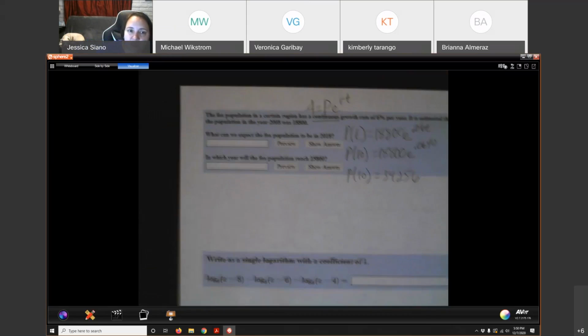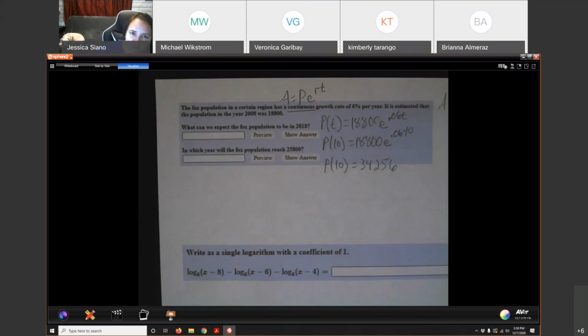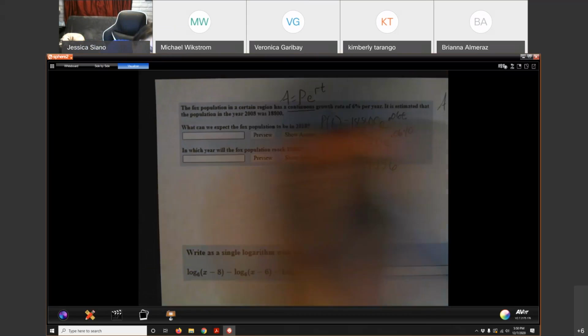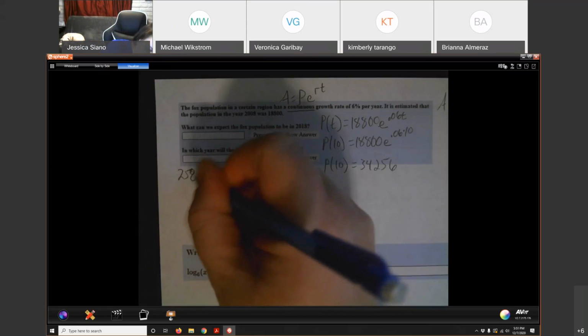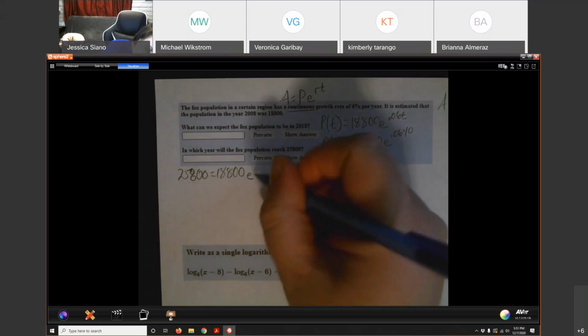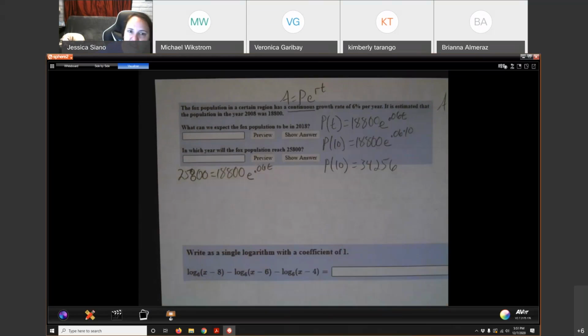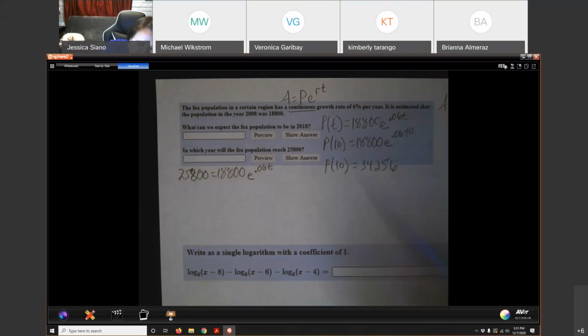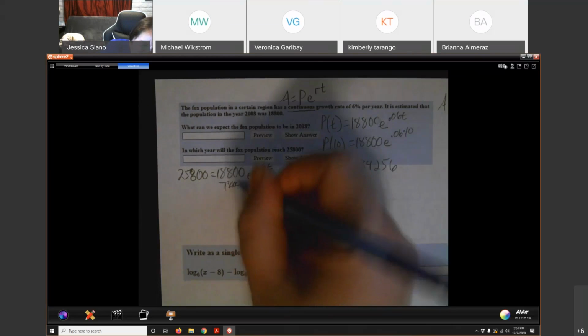Okay. And in which year will the fox population reach 25,800? So now I'm going to say, okay, 25,800 equals 18,800 e to the 0.06 t. Divide both sides by the 18,800.